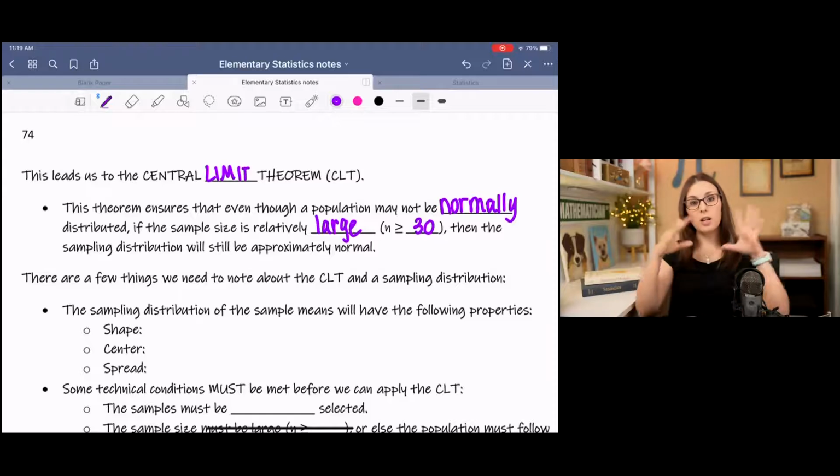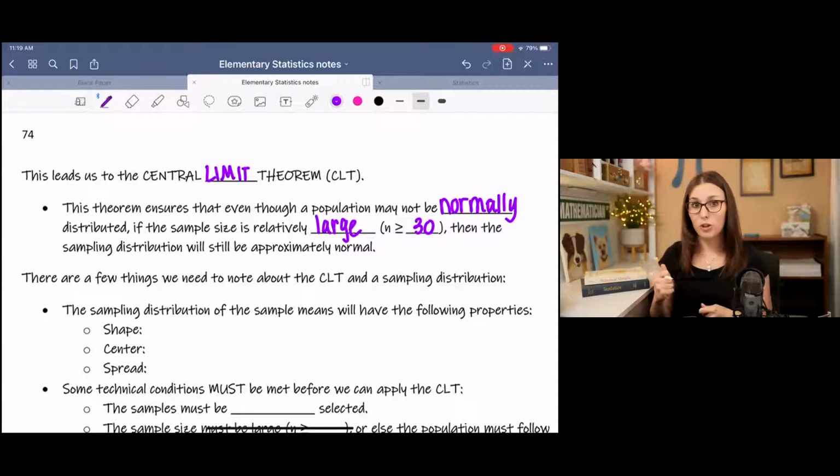So all the pictures we saw, we can summarize into a theorem. So this is like concrete, for sure, math law, the central limit theorem, that no matter what kind of distribution we start with, if we take a large enough sample size and enough of those samples, we end up with this approximately normal sampling distribution.